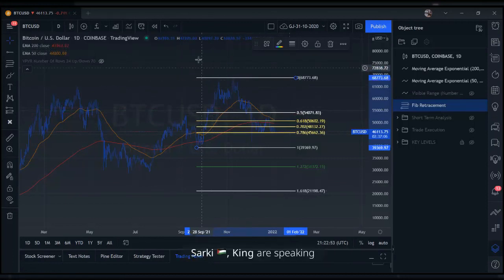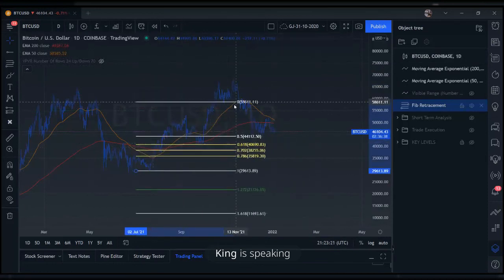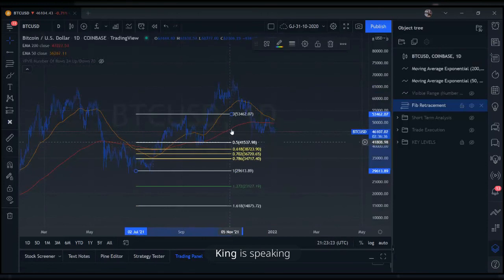But yeah, with Fibonacci there's a bunch of levels you can use. These are the levels I use. I wouldn't say copy me, I would say experiment. But something I've noticed with Bitcoin is that in retracements, if the market structure is strong, it doesn't tend to trade below the 61.8.